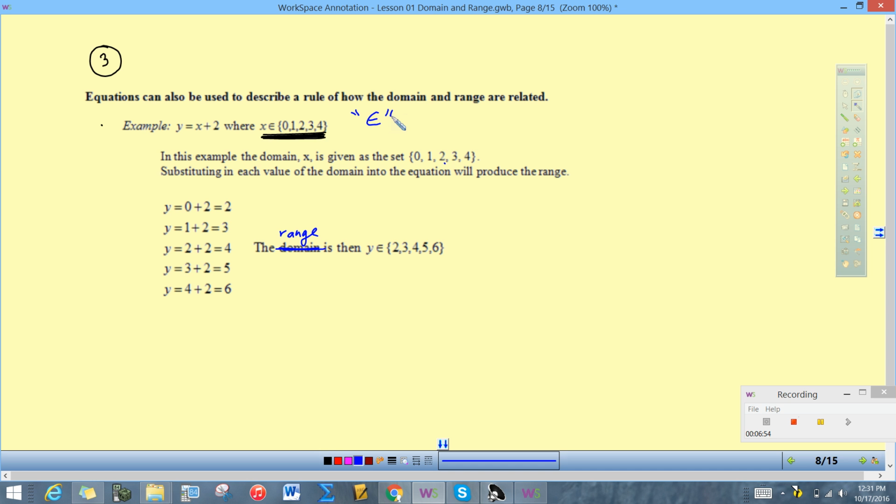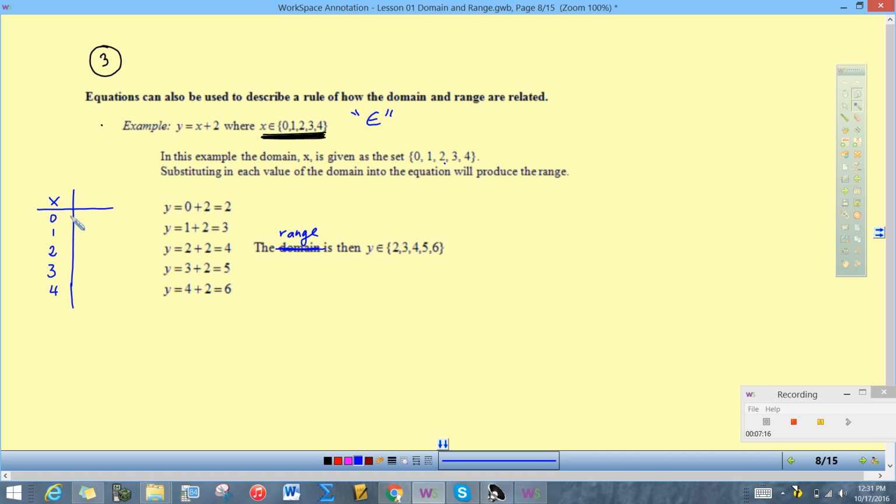And what that means is that our values of the domain, or our values of the x's, are actually 0, 1, 2, 3, and 4. So I know that my x values here are 0, 1, 2, 3, and 4.